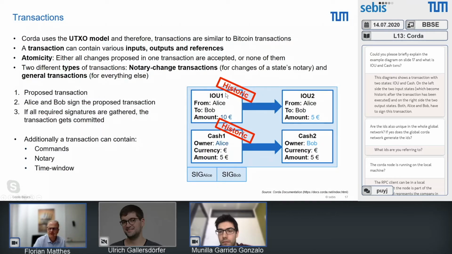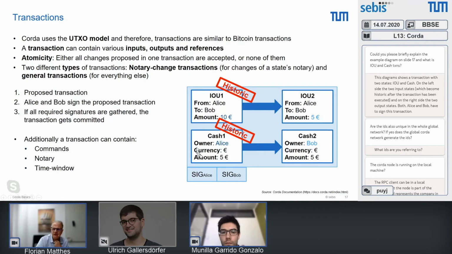Like if you take a credit from the bank, you owe the bank money. That's the basic idea of financial transactions. You get money from the bank, and the bank tells you, okay, Alice owes the bank 10 euro. That's more or less your obligation here. And now you want to pay 5 euro of your 10 back. You want to return a part of the money.